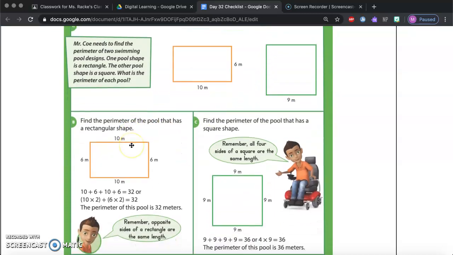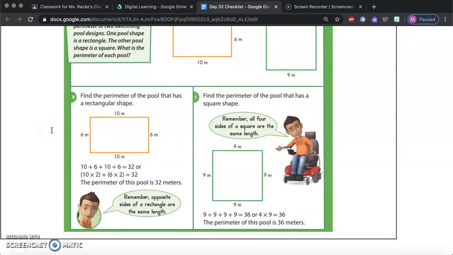So let's look right here. B, find the shape of a pool that has a rectangle shape. So you can see that they decided to do similar to the strategy that I just used in the solve and share, 10 plus 6 plus 10 plus 6 to get 32. So they added together all the sides. Or they said, okay, I know I have 2 10s, so 10 times 2. And I know that I have 2 6s, so 6 times 2 to get 32.